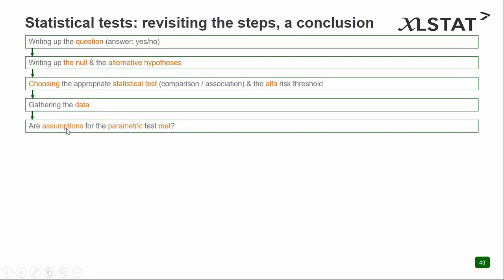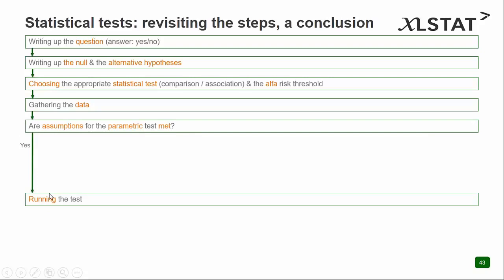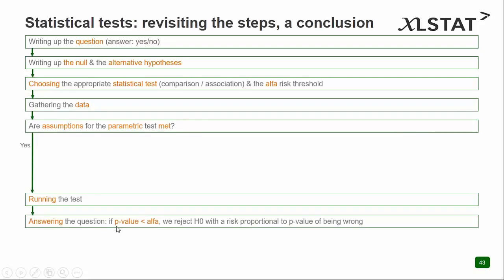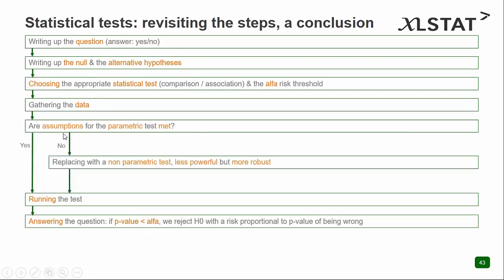We ask ourselves, are the assumptions for the parametric test met? If that's the case, we run the test, and we answer the question. So if the p-value is lower than alpha, we reject H0. If not, we do not reject H0. If the assumptions of the parametric test are not met, one solution would be to replace the test with a non-parametric equivalent, which is less powerful, sure, but which will be reliable at least. It's more robust.